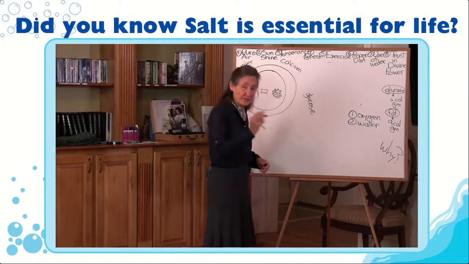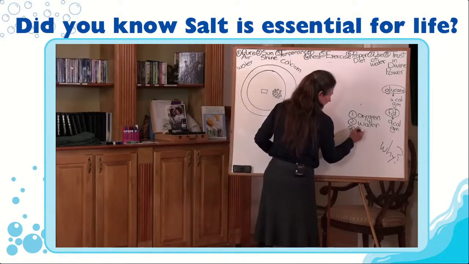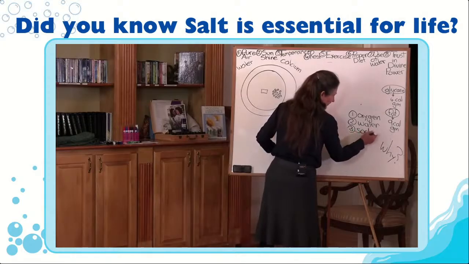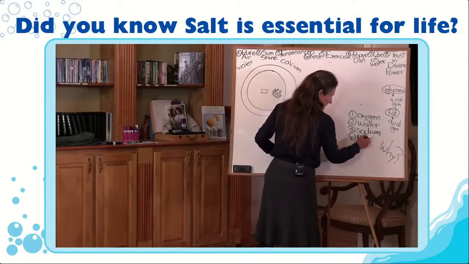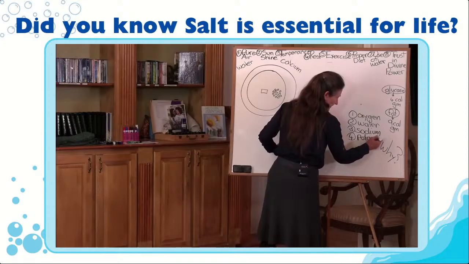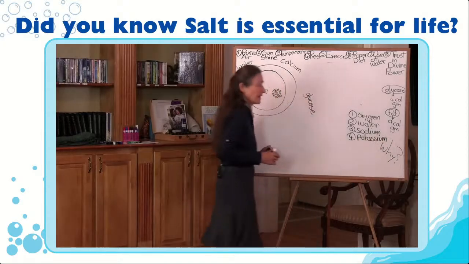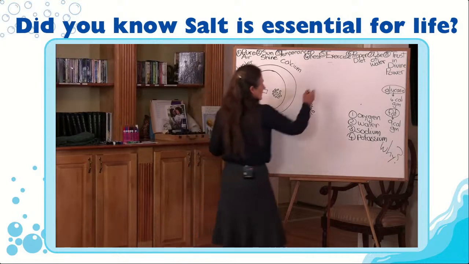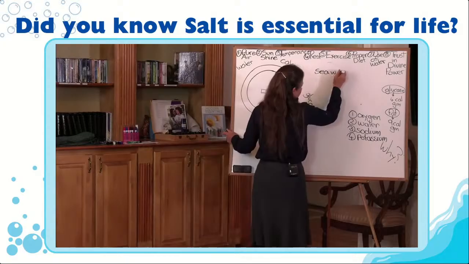We have to go to the third most vital element needed for life, and that is sodium. The fourth most vital element needed for life is potassium. So let's go back to sodium. In nature, we find the highest amount of sodium in seawater, and seawater contains 92 minerals.